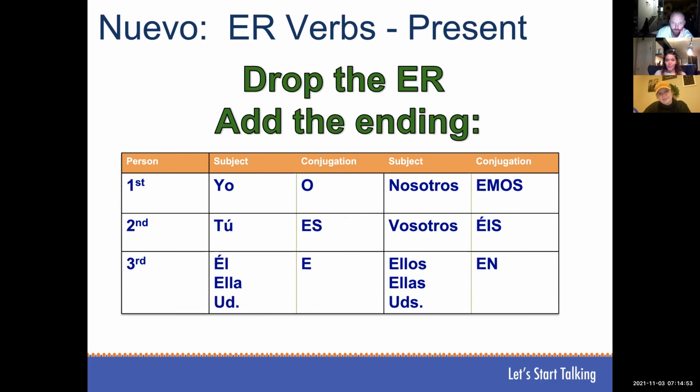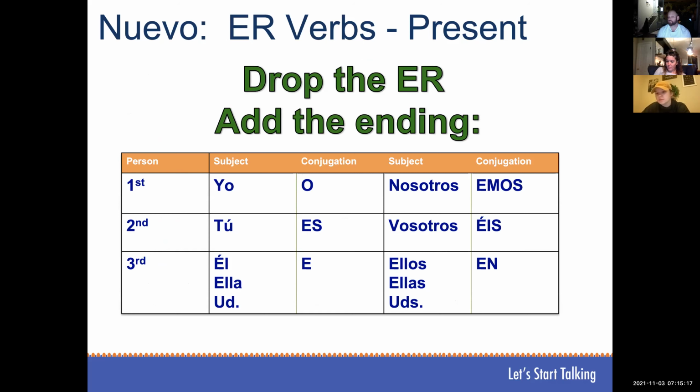Muy bien. Okay, so ER endings look like this. Same rule applies, only we're adding back slightly different endings, right? So you drop the ER from the end of the verb, and then you add back O for yo, ES for tú, and él, ella, or usted would end with E. Nosotros, emos. If you're in Spain, you could end it with vosotros, éis.